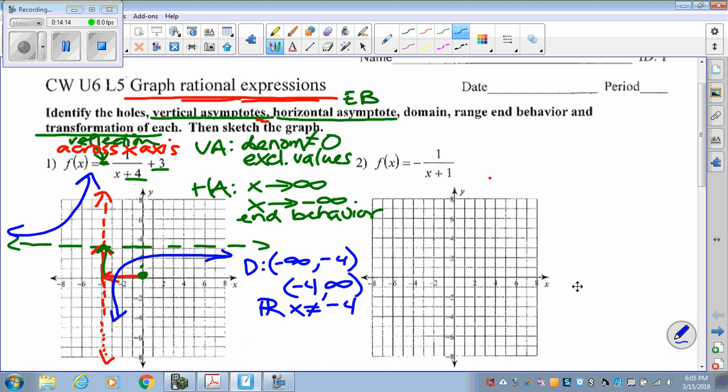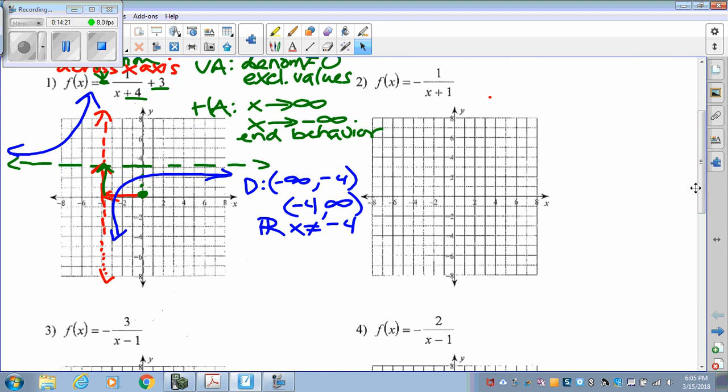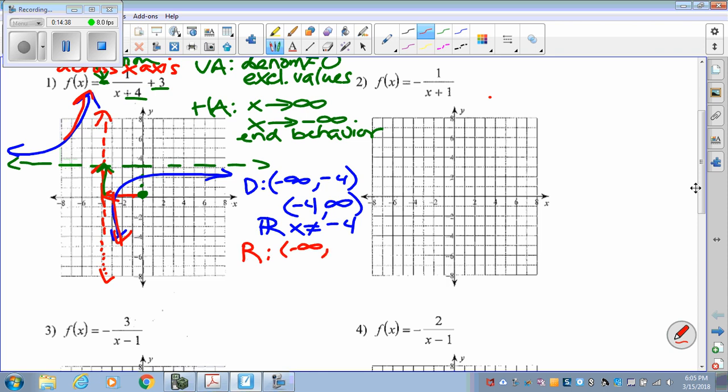And then my range. Range is always the y's, so I'm looking up and down for the range. Again, I'm going from negative infinity, but what's the asymptote?